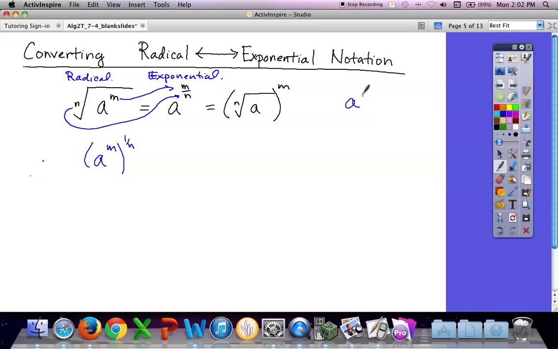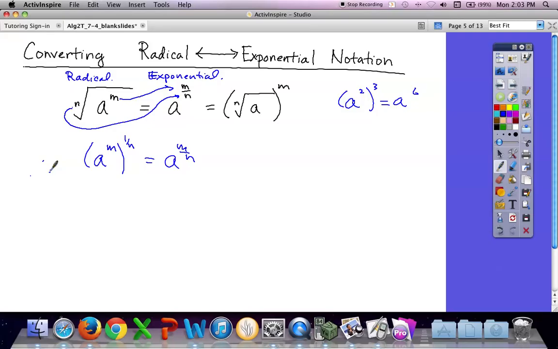Right? If I say a squared raised to the 3rd power, you do multiply, right? That's a to the 6th. Well, it's the same thing here. If I say a to the m being raised to the 1 over n power, that is where we get the m times 1 over n is the m over n.